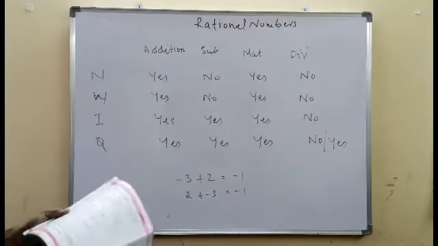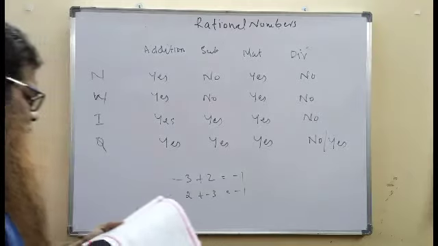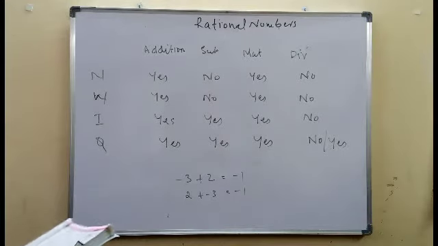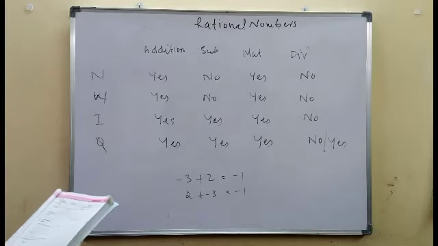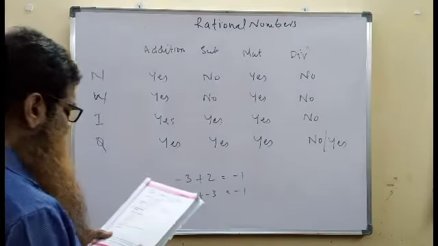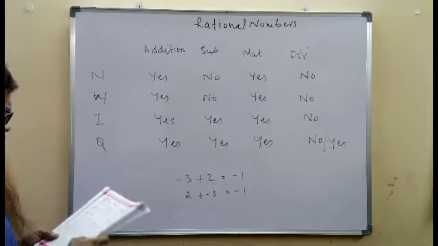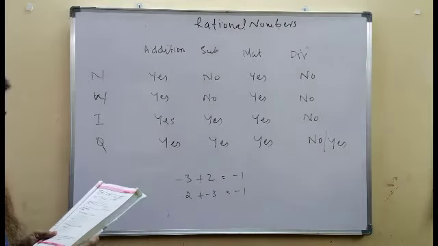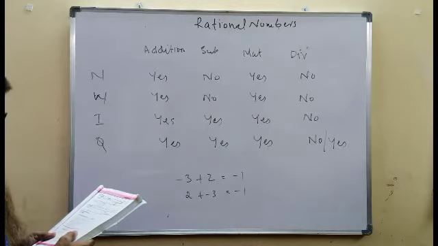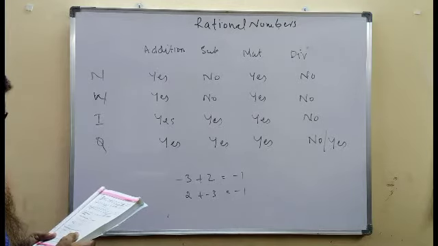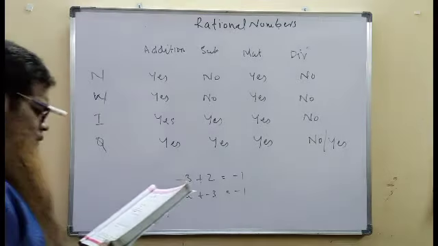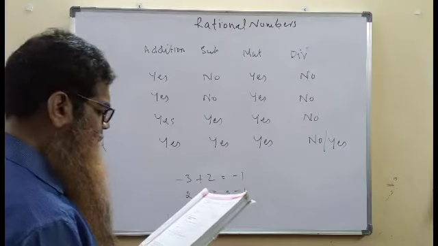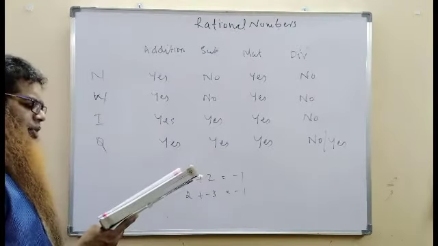Now checking for rational numbers. Addition: take two rational numbers, 5 by 2 and minus 3 by 4, and add them. 5 by 2 plus minus 3 by 4 is equal to (2 into 5 plus 1 into minus 3) divided by 4, which is 10 minus 3 by 4, equal to 7 by 4.